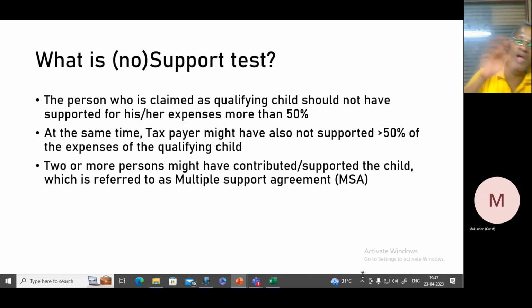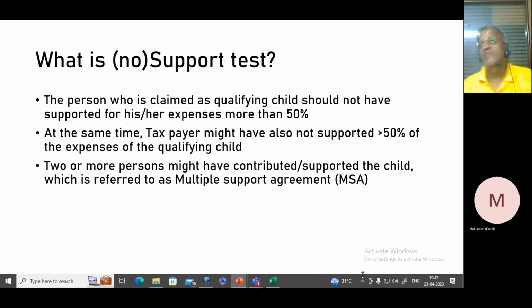Now, when you have many people supporting, under whose scope will the person be taken up as a qualifying child? Correct. The person who contributed the maximum will have the eligibility to consider that target person as a qualifying child, because only one person can take it up.